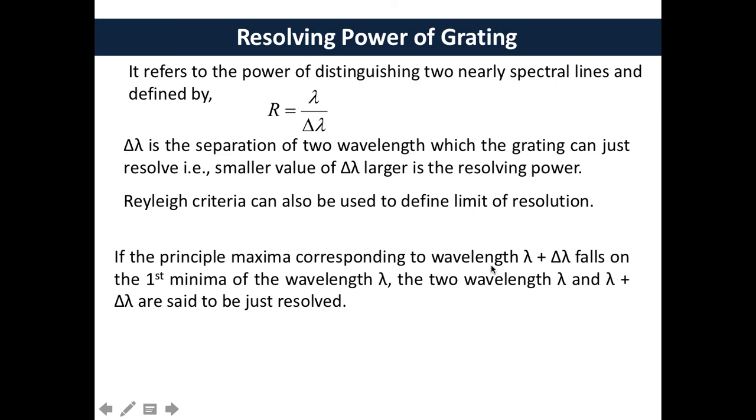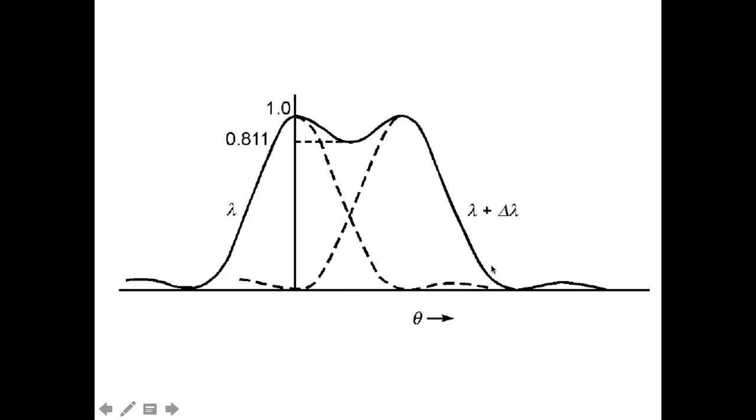What is distinguishing two nearly spectral lines? If you see this, this is lambda and this is lambda upon delta lambda. So this is actually not one, but two peaks, 1 and 2.